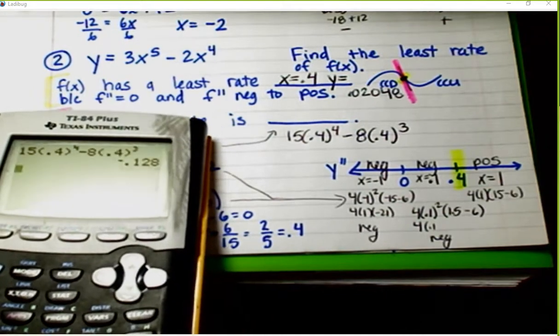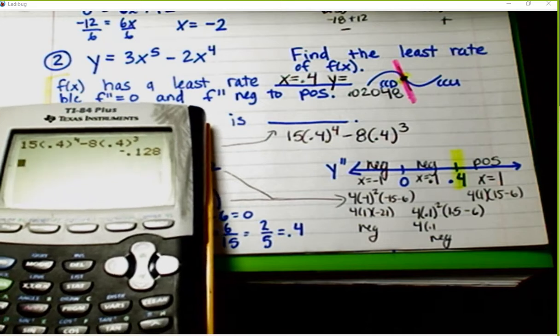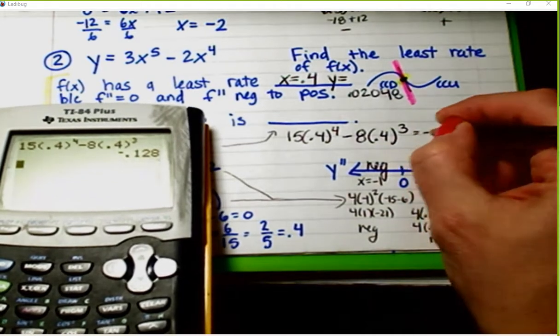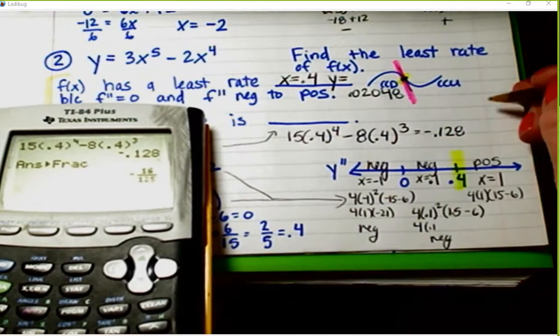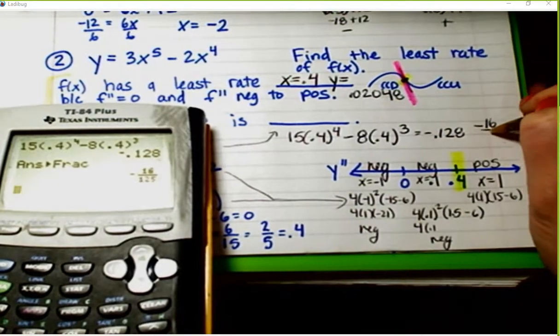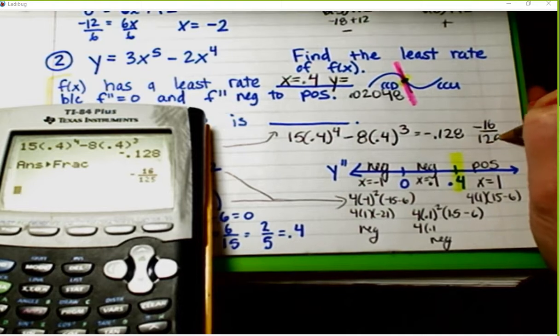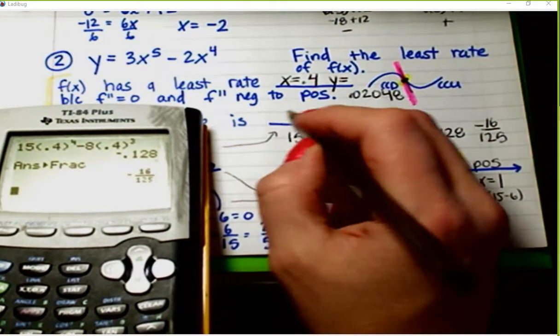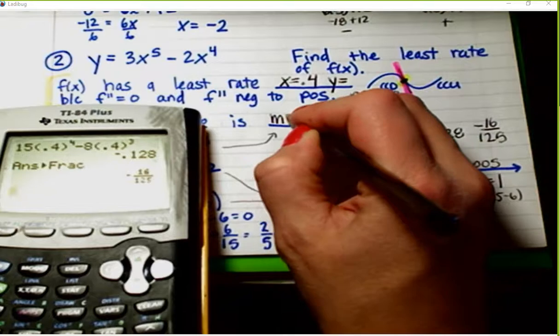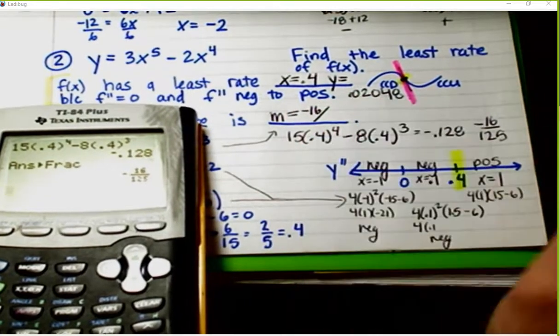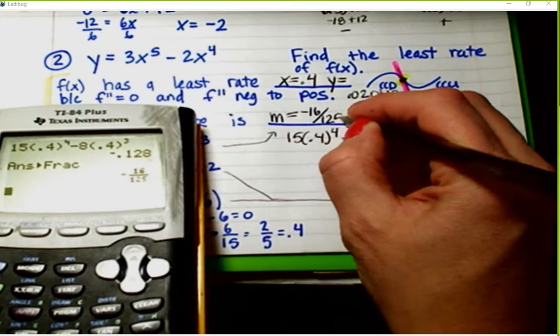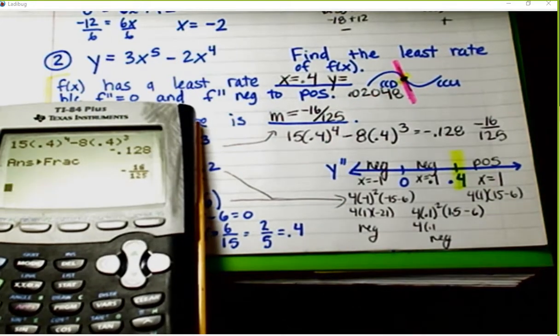And, okay, there we go. So we get negative 0.128. I am going to hit math frac. Okay, so the slope at that particular point is negative 16 over 125.